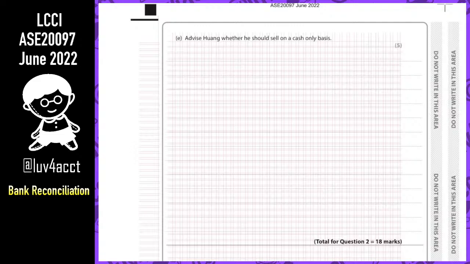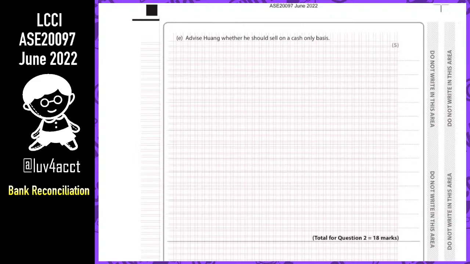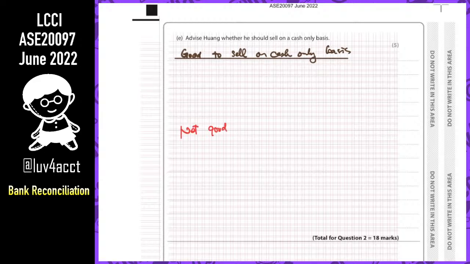So first I will be saying that it is good to sell on cash only basis. Oops, let me put it better. Not good to sell on cash only basis. Sorry for my poor handwriting.